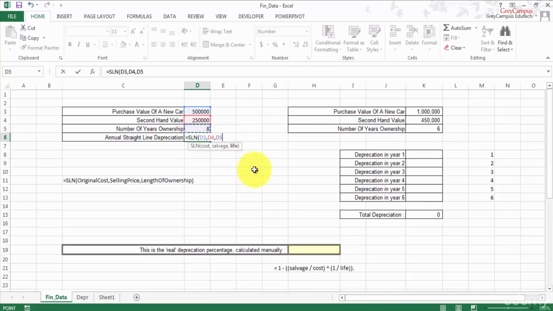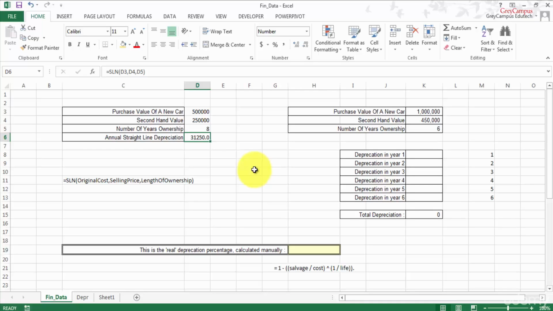This is the life, 8 years I have used, and the moment I close my bracket and press enter, you can see that there was a straight line depreciation of 31,250 rupees. I have taken into consideration the cost and the selling price also.